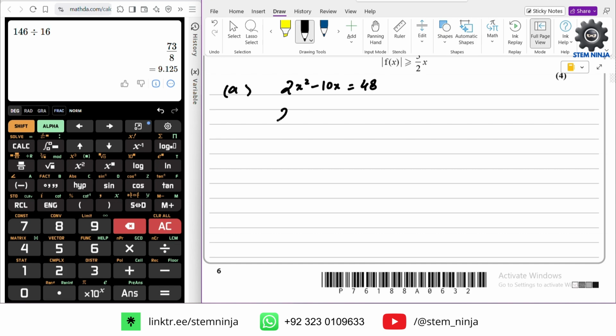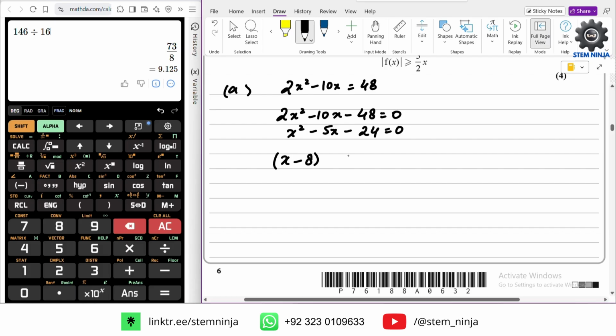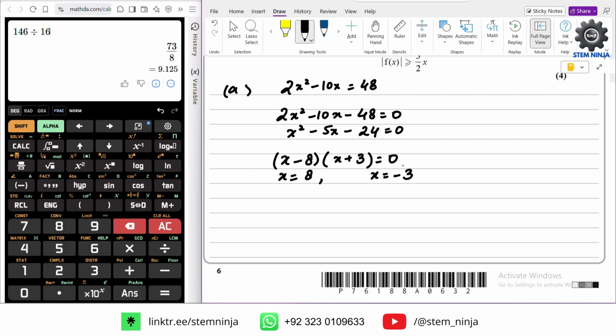This is already a quadratic equation, but 2x squared minus 10x minus 48, divided by 2, x squared minus 5x minus 24. 8 and 3 can give us 24, so this can only happen if 8 is the negative and 3 is positive. So either you get a value 8 or minus 3.